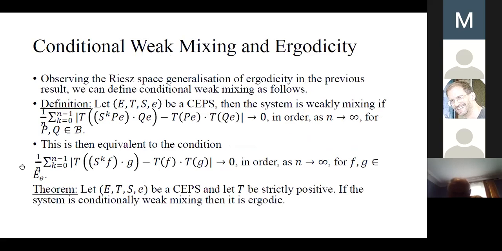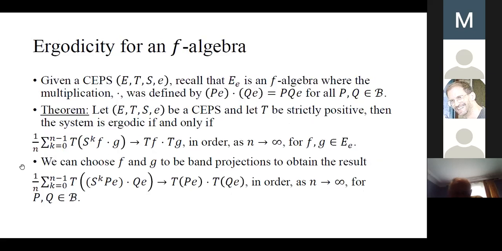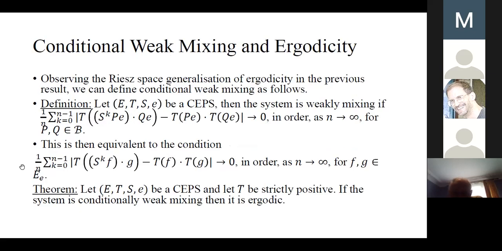We can also then, using our result, define weak mixing on a Riesz space. So we have that if ETSE is a CAPS, then the system is said to be weakly mixing whenever this convergence condition is satisfied.